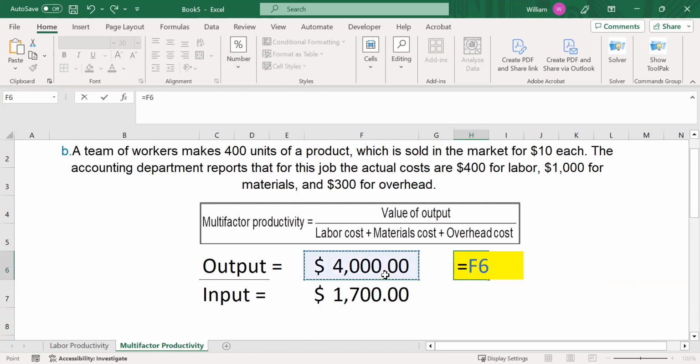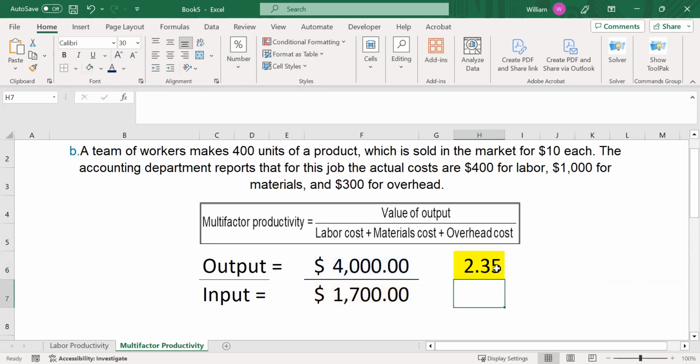So F6 divided by F7, and I get a number. This number tells me that our multi-factor productivity value of 2.35 says for this combination of inputs, we get approximately 2.35 units of output.